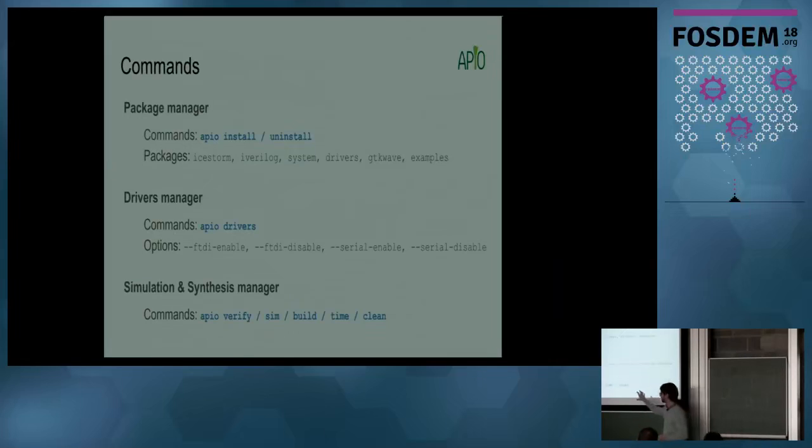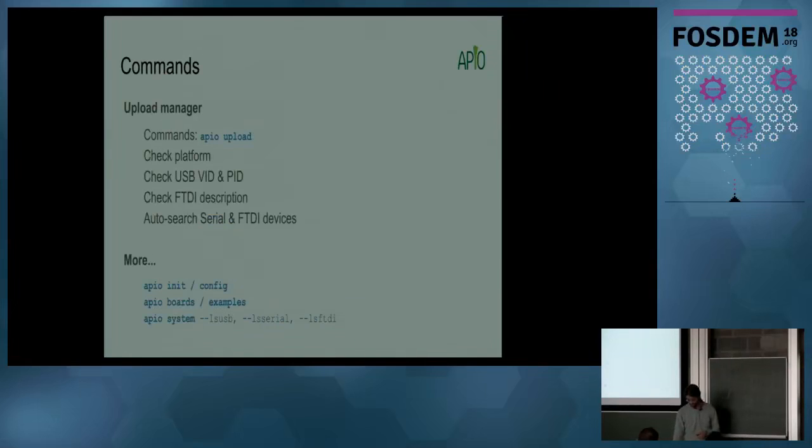And these simple commands to verify, simulate, build, time, clean, all the things that you need to do with a project, with a hardware design. And then you have also apio upload that checks the platform, checks the USB vendor and product IDs, checks the FTDI description, and also searches the boards, and a lot of commands for examples and initialization.